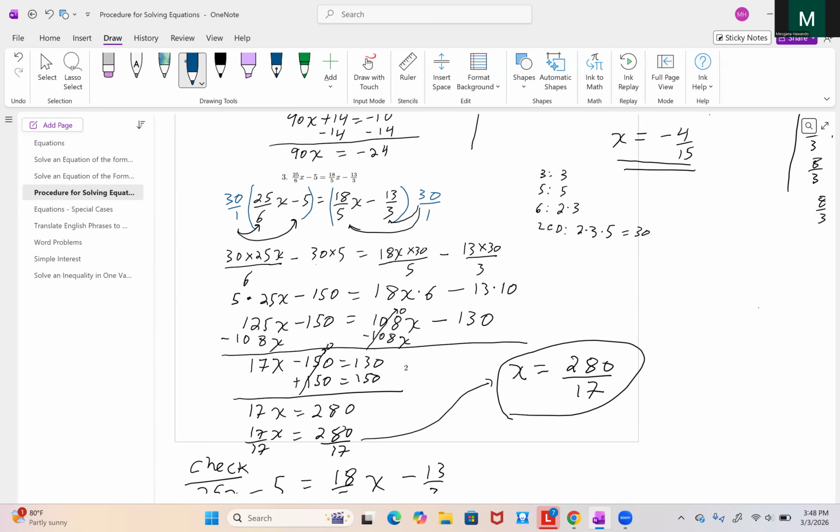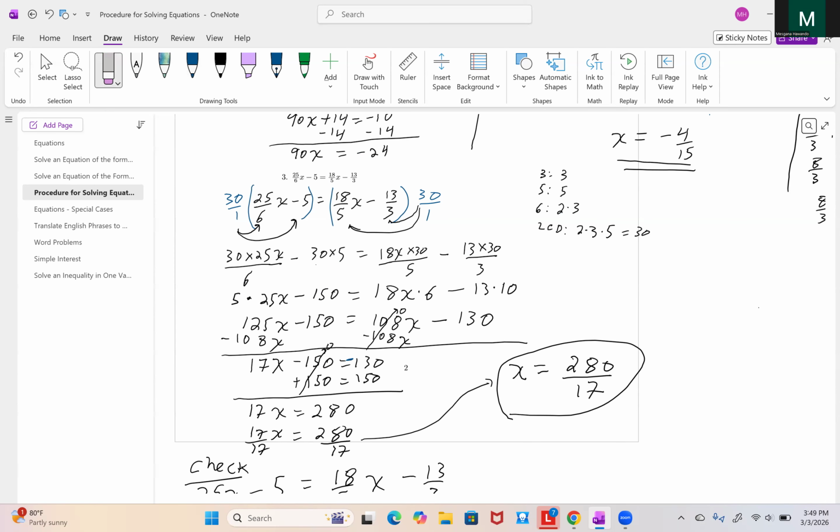So what happens next? When we add to isolate 17x, we need to add 150. So when we added, it became 280. So this minus sign should have been there. So we add that minus sign and recalculate. Negative 130 plus 150 is positive 20, not 280.